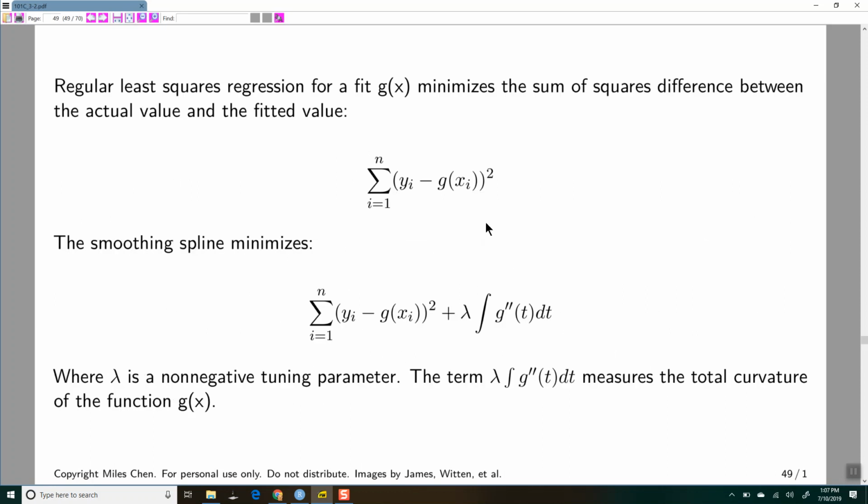So regular least squares fits some kind of function, you minimize the squared residuals, and this time this g of x is the fit function, the result of the natural cubic spline where you put a knot at every single point in the data set, which is way too many knots, okay?